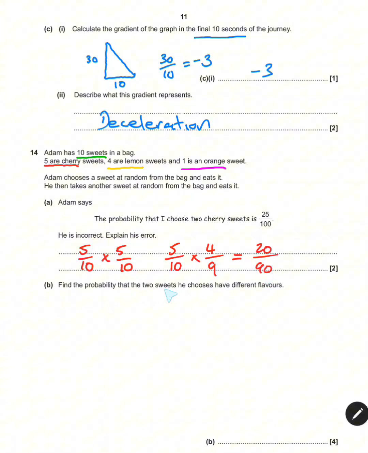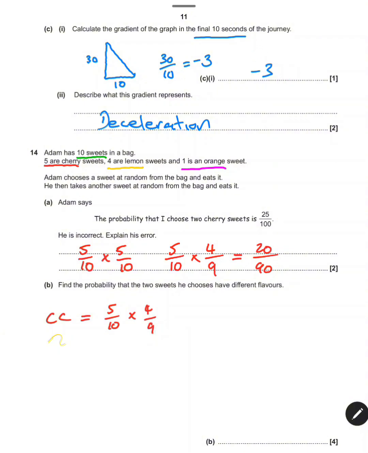Part B, we're looking for the probability that the 2 sweets he chooses have different flavours. Well, we could have cherry and lemon, cherry and orange, lemon and orange. It's quite complex to do that, looking at all the different varieties. If instead we look at same flavours, cherry and cherry, well, we just did that up here. That's 5/10ths multiplied by 4/9ths.